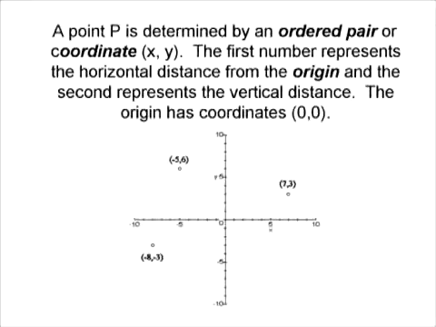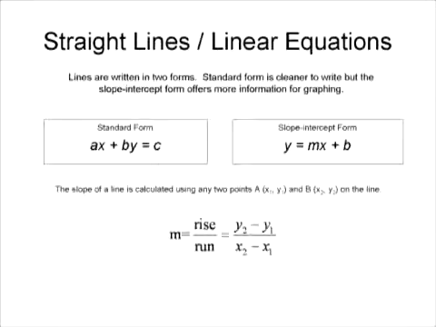So if we are at this ordered pair here, 7, 3, that tells us we are 1, 2, 3, 4, 5, 6, 7 over in the x direction, and 1, 2, 3 up in y. And remember, we write the ordered pairs with the x first and then the y. So that's just the ordered pair of coordinates.